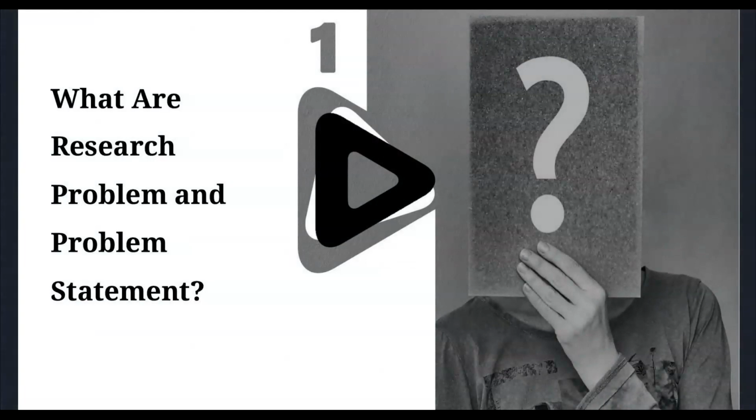Before focusing on the research problem and its statement, I want to point out that a research problem emerges within a general area of knowledge that interests you. In other words, you are interested in a specific topic and identify situations within it that you want to understand better or solve.